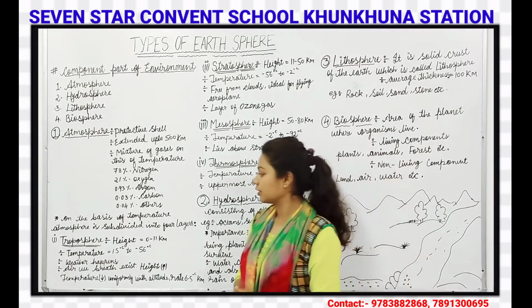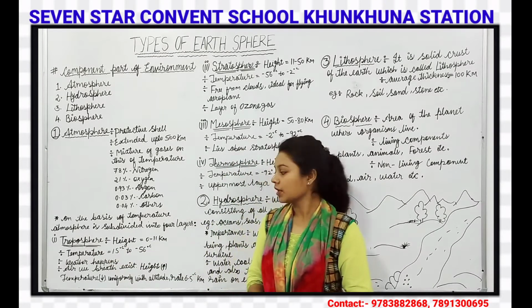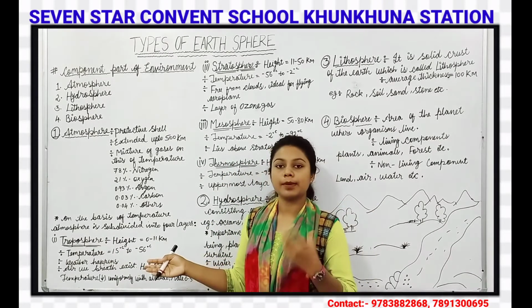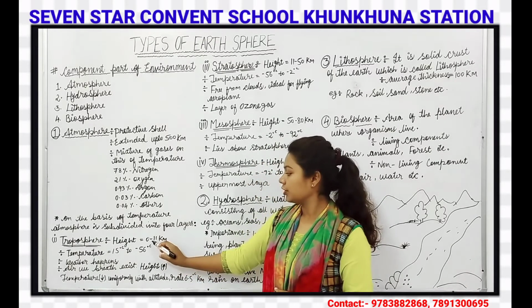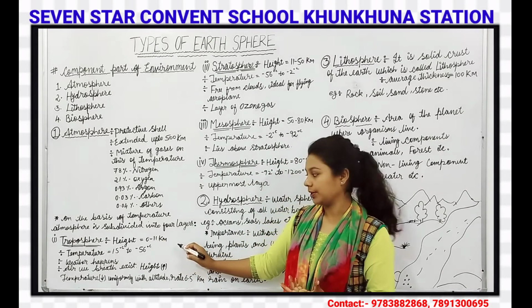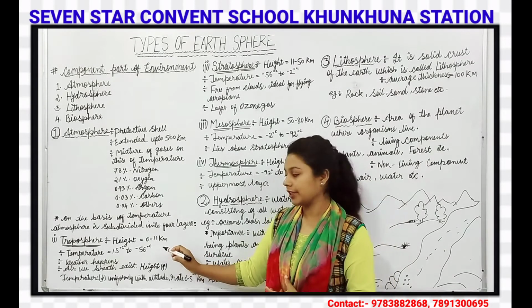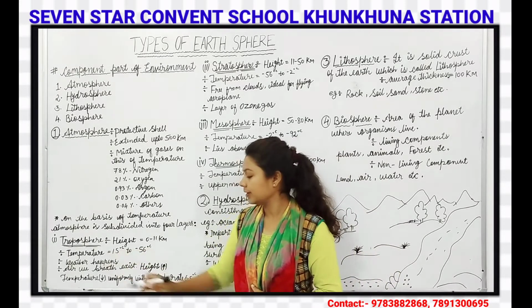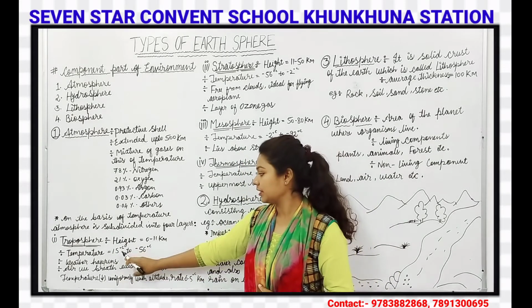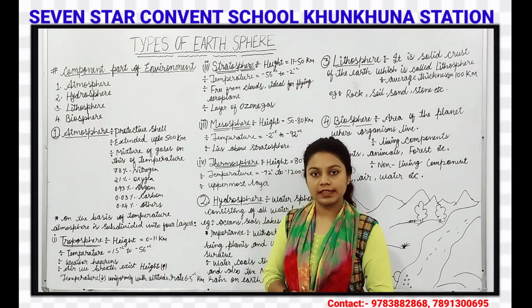First we will talk about the troposphere. If we talk about the height of this troposphere, it is 0 to 11 kilometer. And the temperature is 15 degrees Celsius to minus 56 degrees Celsius.